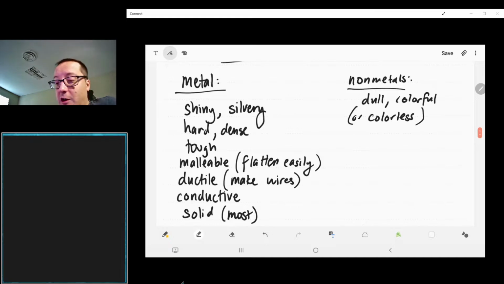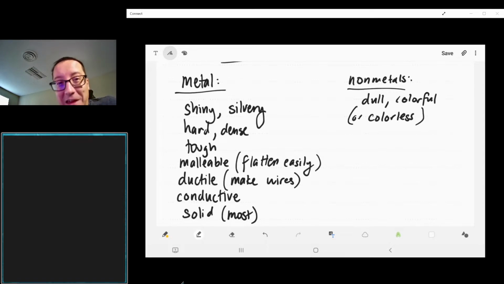Our nonmetals are either going to be colorful or colorless. For example, sulfur is going to be bright yellow, chlorine is yellowish green, bromine is this very vivid red-brown, iodine is purple, but all of our noble gases are completely colorless. So the point is they're just not silvery.